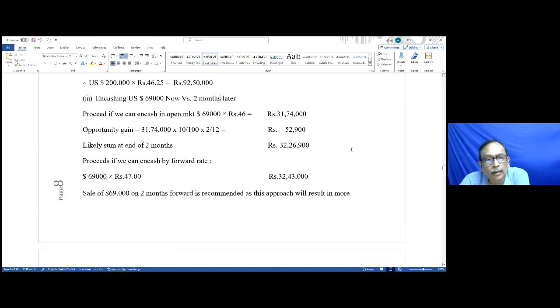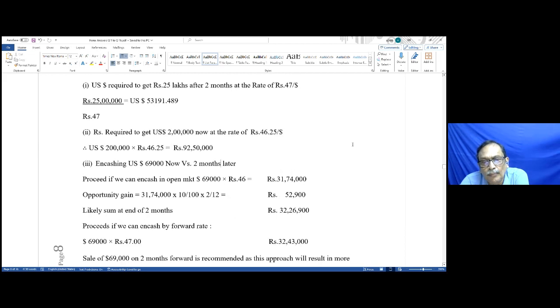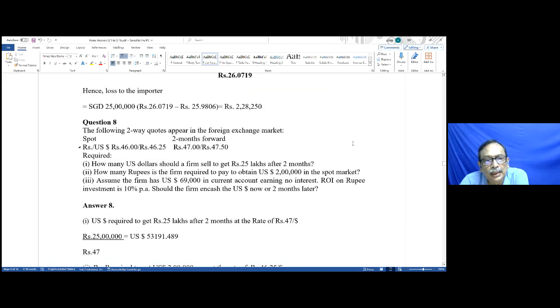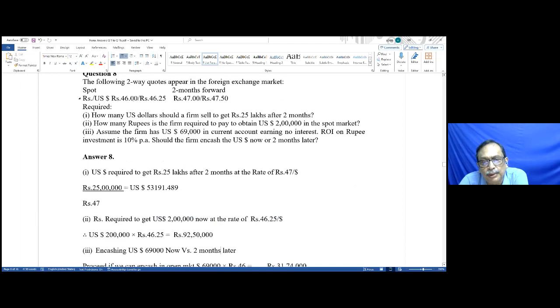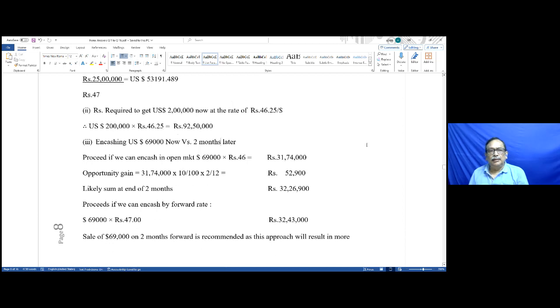So, proceeds if we can encash in the open market, that is dollar 69,000 multiplied by 46, the bid, it comes to 31,74,000. Then opportunity gain for 2 months, that is 31,74,000 into 10 by 100 into 2 by 12.